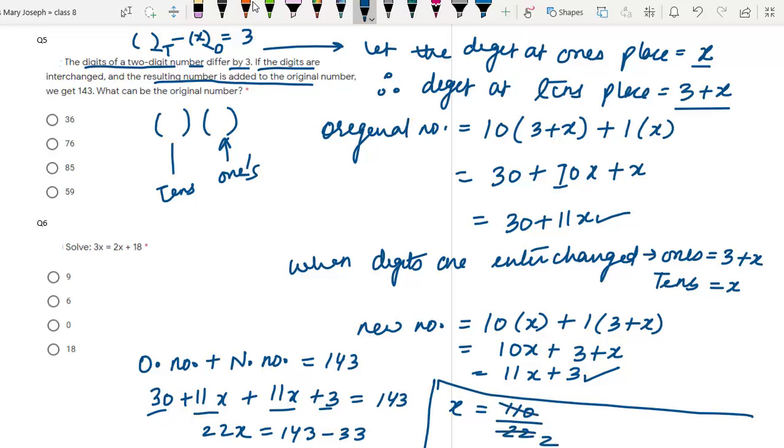So x equal to 5. Hence the unit place of original number is 5 and tens place is how much? X plus 3, that is 8. Hence the correct number is 85. Let's see the options. This is the correct answer. Okay, I hope you got this.